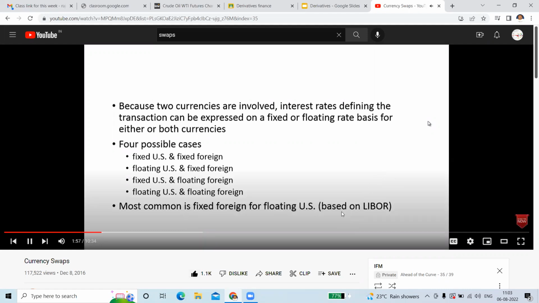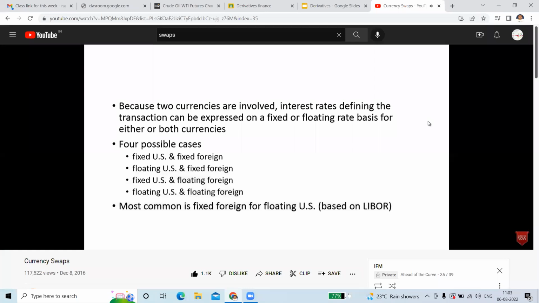You could have a fixed US rate and a fixed foreign rate. You could have a floating US rate and a fixed foreign rate. You could have a fixed US rate and a floating foreign rate. Or you could have a floating US rate and a floating foreign rate. Now, the most common is a fixed foreign rate for a floating US rate based on LIBOR.